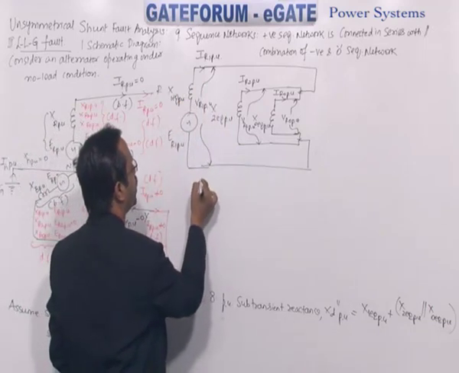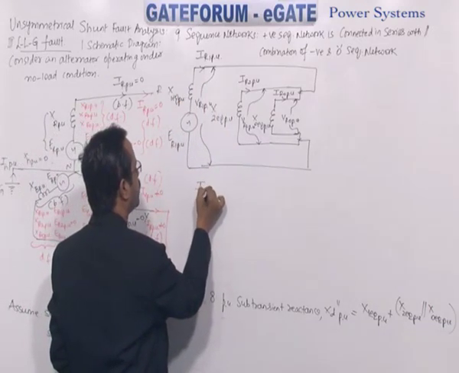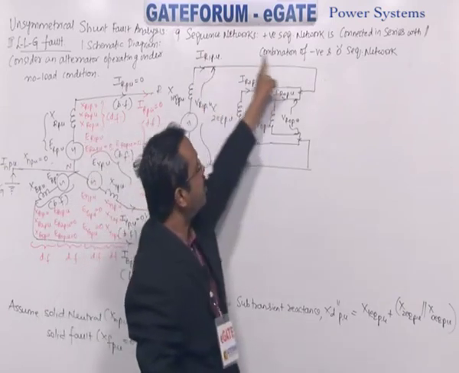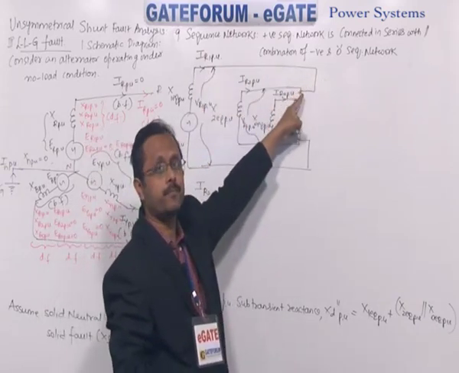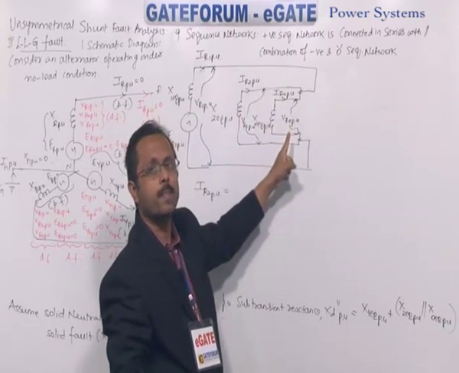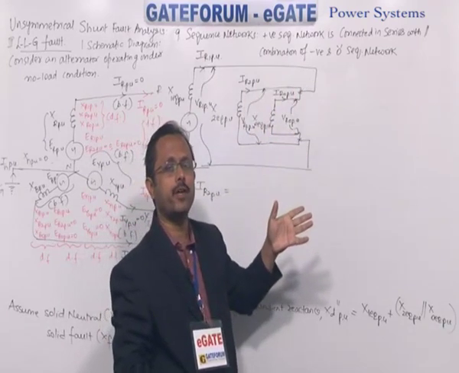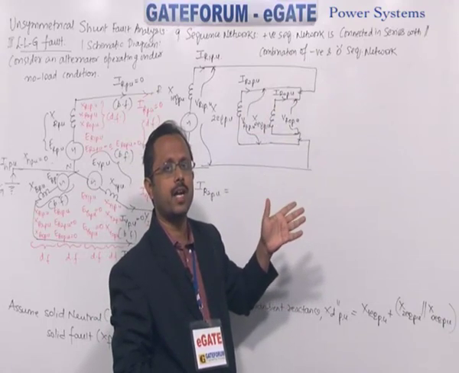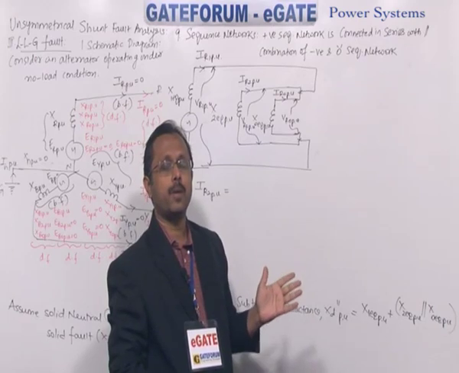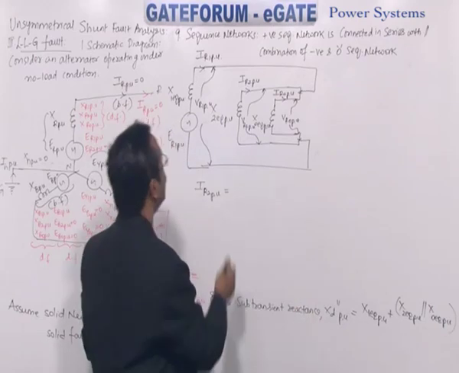Now how do we write IR2 per unit? Observe, IR1 per unit enters here. We have two reactances in parallel. How do you find the current flowing through each of the reactances connected in parallel? We apply the current division rule.